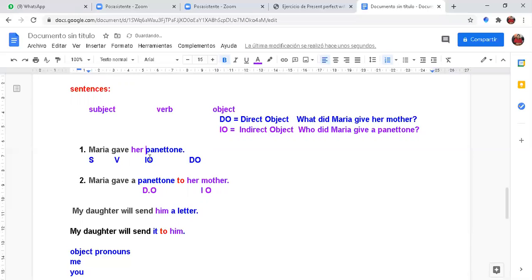We have to use it like this: either the indirect object first as an object pronoun and the direct object after it, or the direct object first, then the indirect object introduced by to, sometimes by for as well. Okay, that is the use of direct and indirect objects.